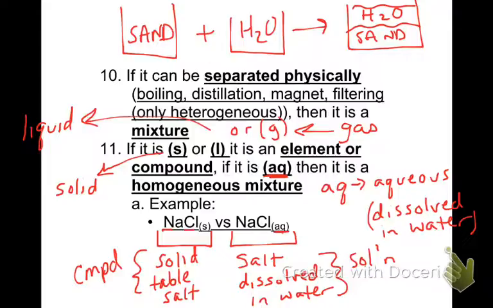Since we've created a solution, it's a homogeneous mixture. So this is what I was talking about on our prior slides. So if you have any one of these S, L, or G's following our substance, it's going to be either a compound or an element, depending upon what substance we're looking at. If we have a little AQ after it, that's telling us it is now dissolved in water. Therefore, it will always be a homogeneous mixture.